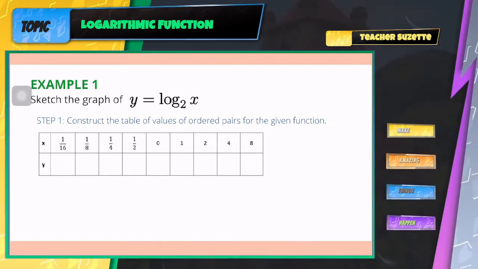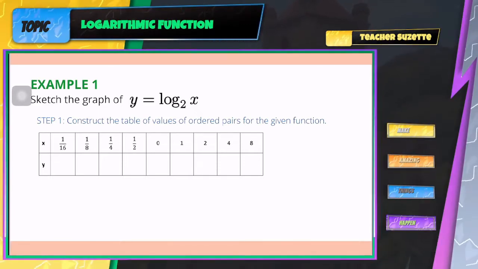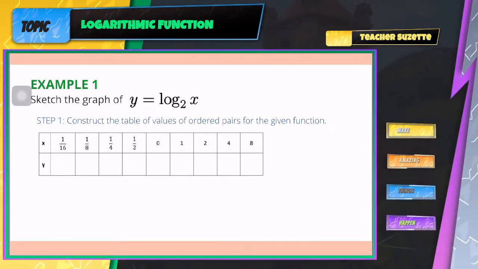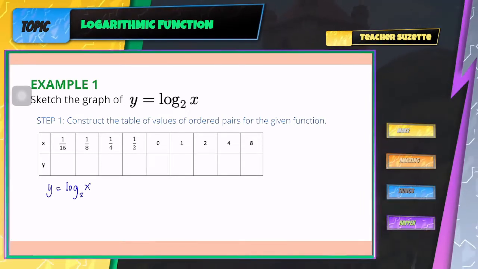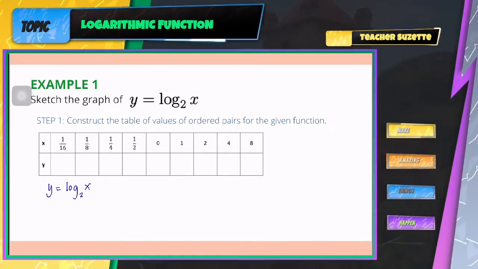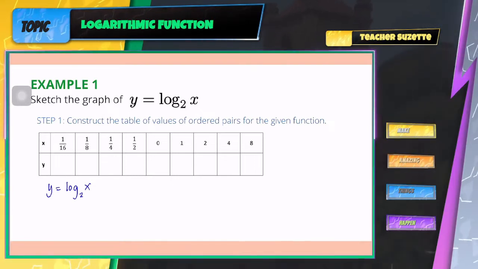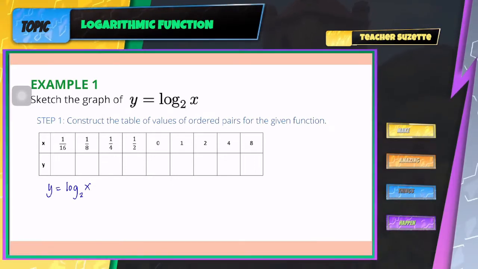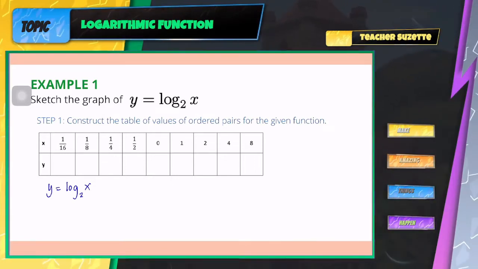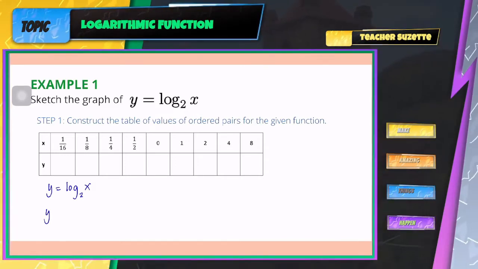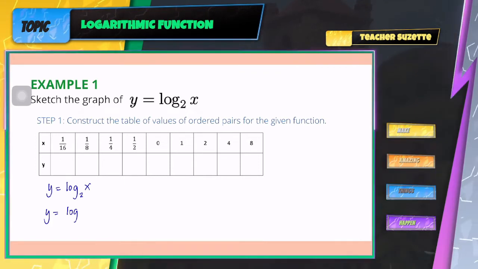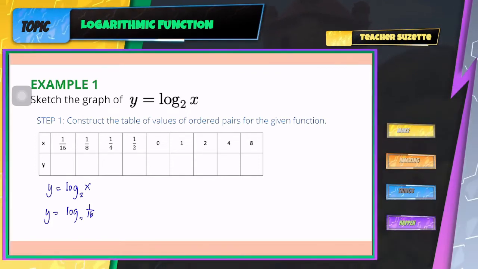So first, let's construct the table of values of the ordered pairs for the given function. It is the same process we do when we evaluate a function. We just input the values of our x to our equation. For this one, let's have 1 over 16. So we have y is equal to the logarithm of 1 over 16 base 2.